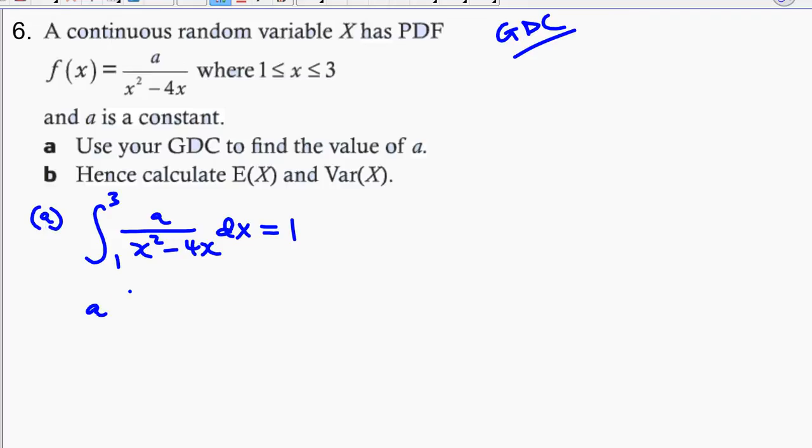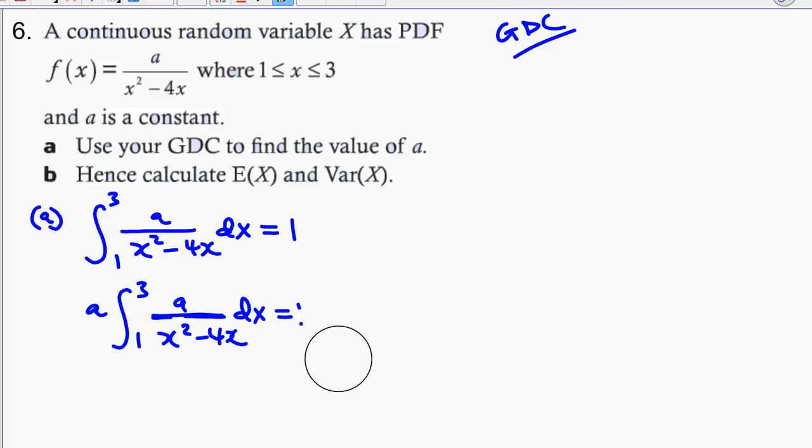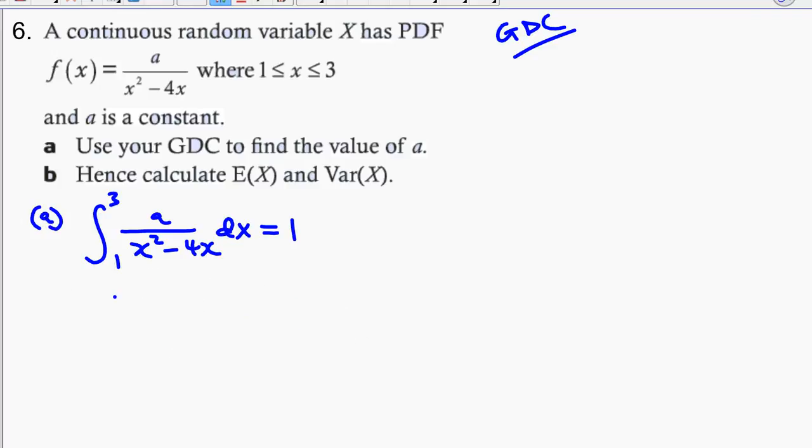I'll factor out a because it's a constant, over x squared minus 4x will be equal to 1. Oops, sorry, I meant to write the integral from 1 to 3 of a times 1 over x squared minus 4x dx is equal to 1. And then what I'm going to do is to find the value of this integral using my calculator.